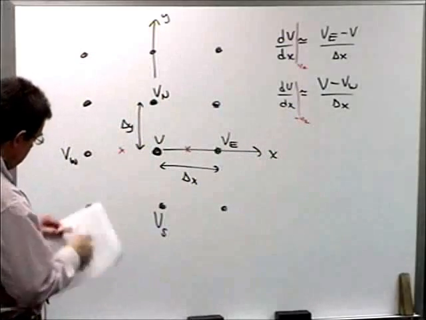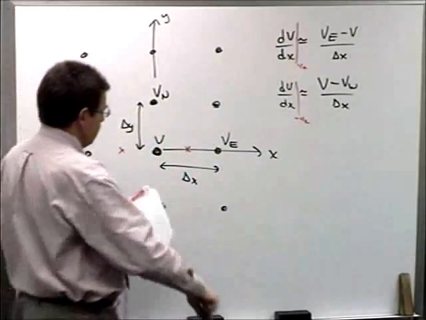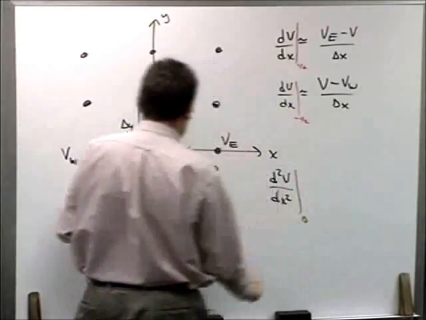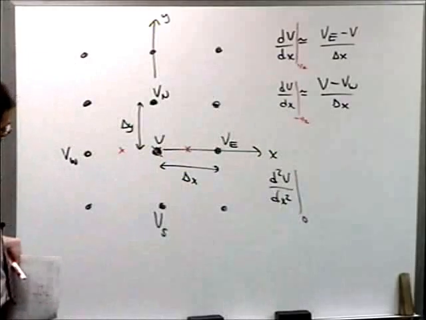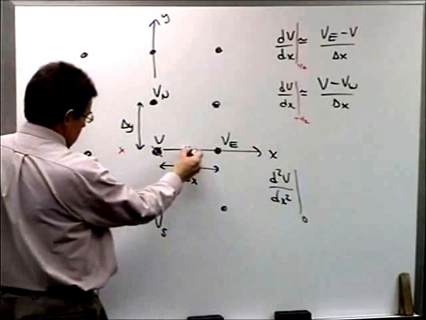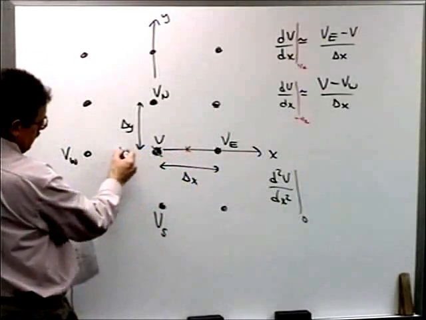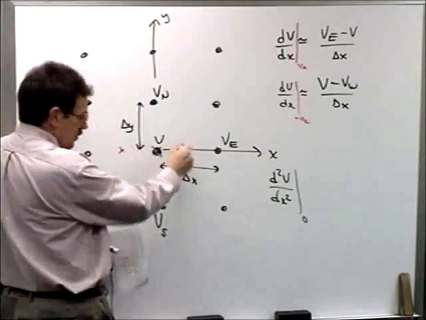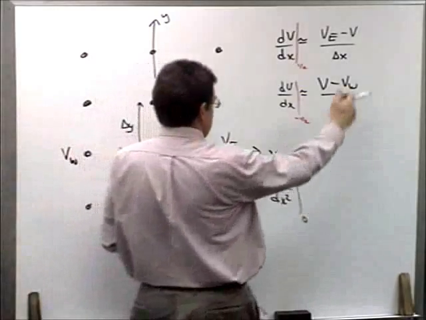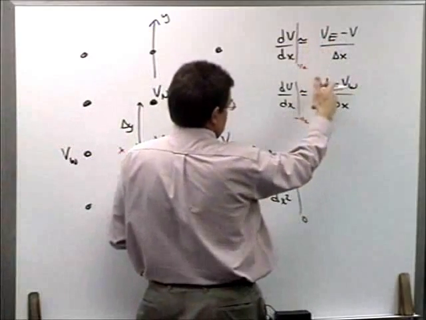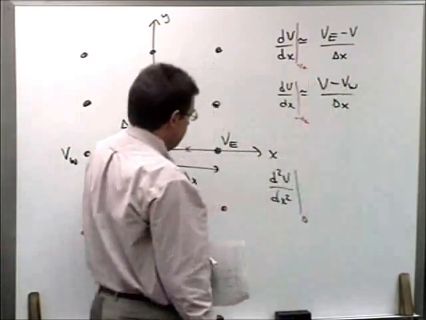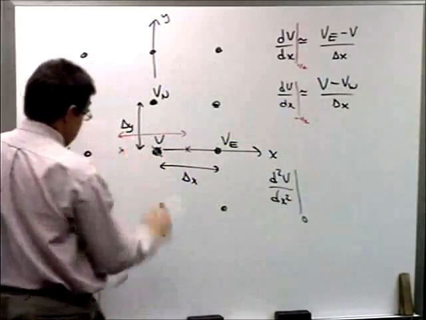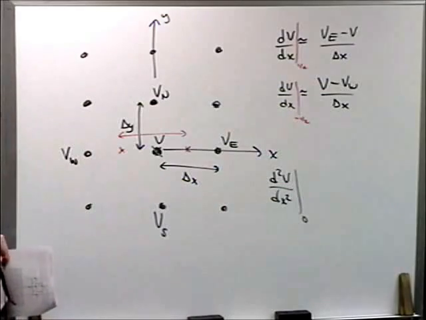If our ultimate goal is to get the second derivative, d squared v dx squared, right at the center point, then it looks like we've got dv dx to the right and dv dx to the left. We can take the difference of those two. So we take dv dx to the right minus dv dx to the left, and then divide that by this distance here from midpoint to midpoint, which is also delta x.